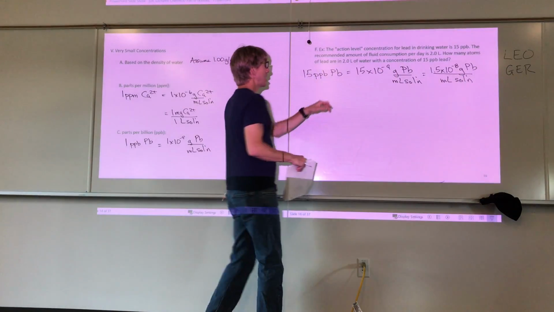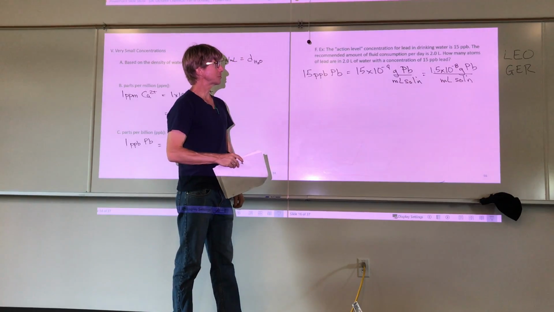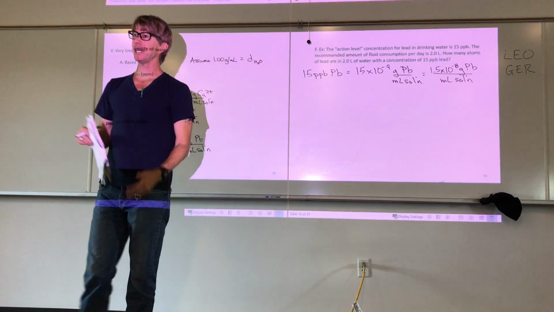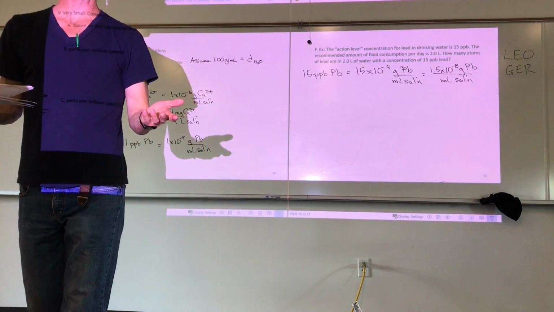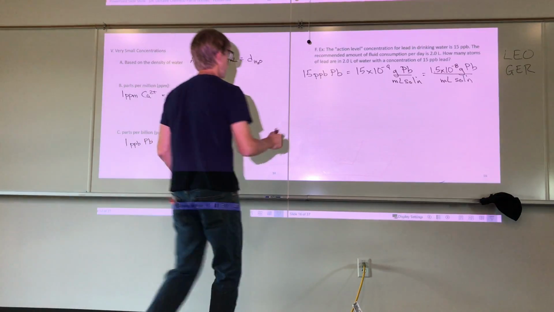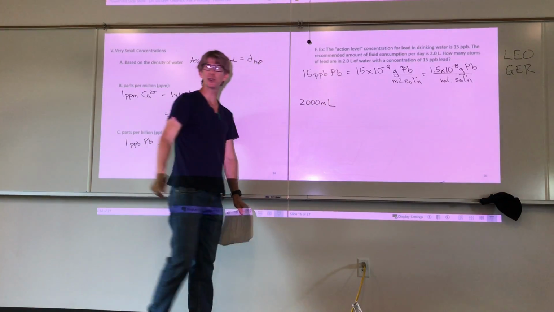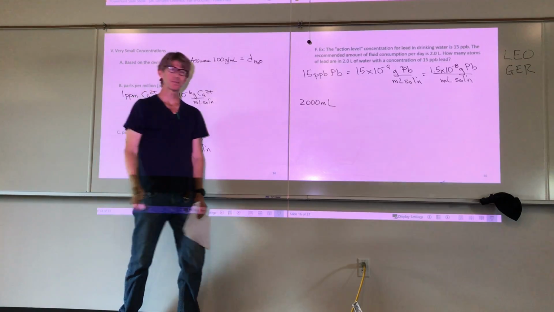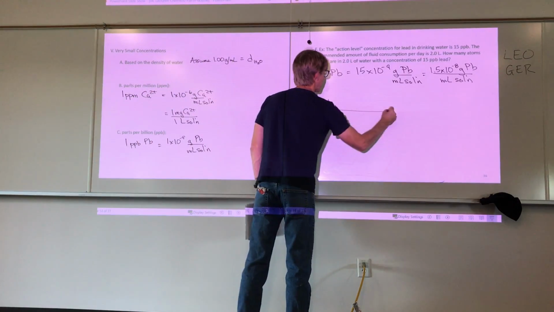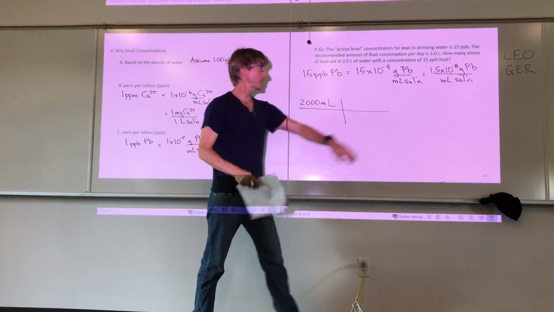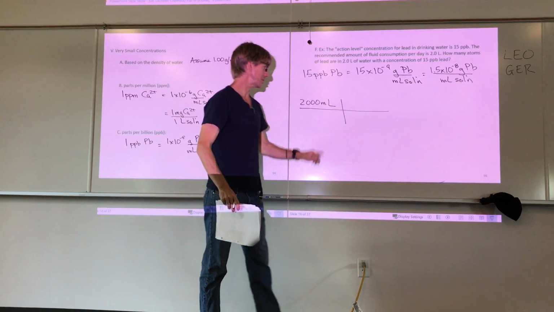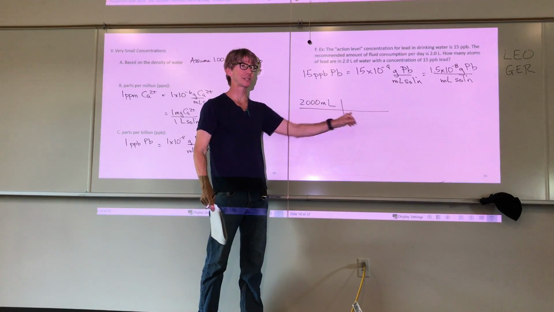In this particular problem, it says the recommended amount of fluid consumption is 2 liters per day. I am going to convert that directly to milliliters. It is 2,000 milliliters. Then I will use my parts per billion right here as my conversion factor so that my milliliters cancel.